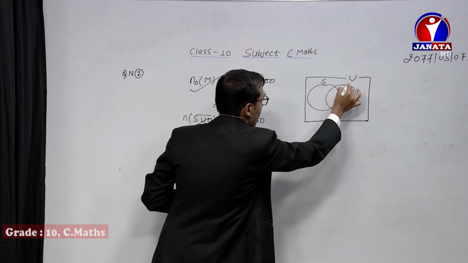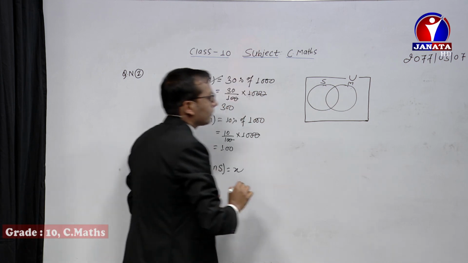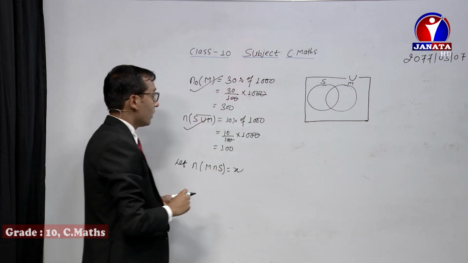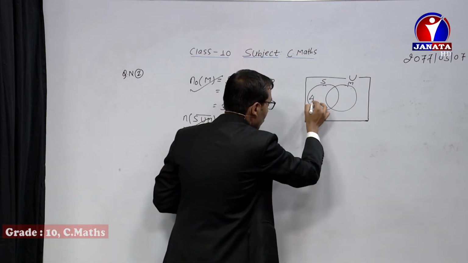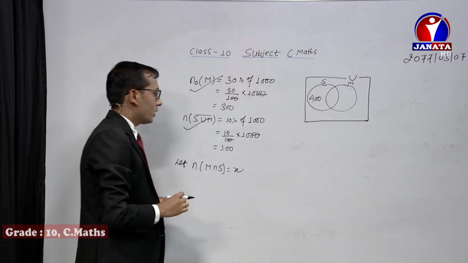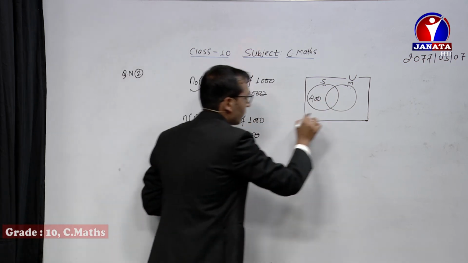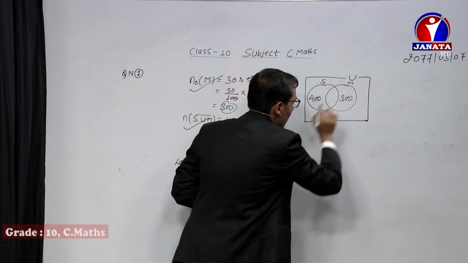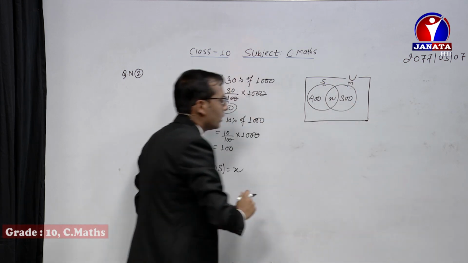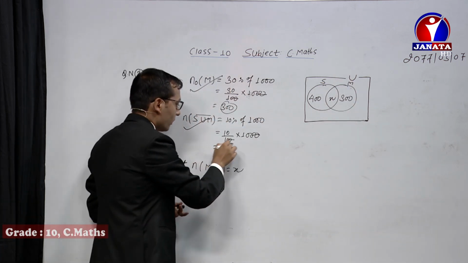This is science, maths. Okay, so what is n only S? n only S, we have got 400. What is n only M? 300. What is the intersection? X. And what is the complement? 100.